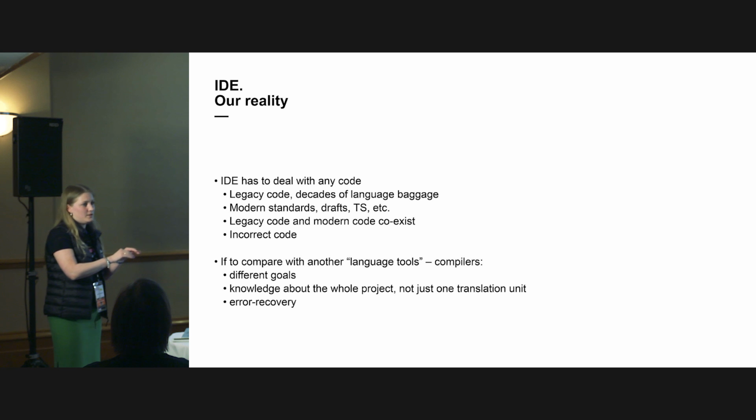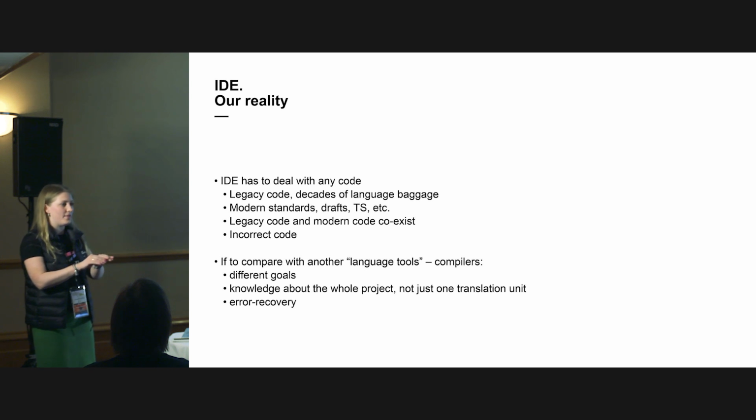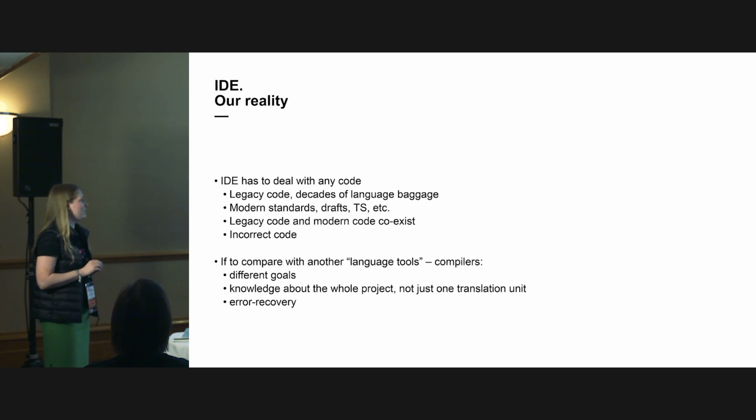But the IDE needs to provide you smart features, and that's the first point. It needs to highlight your code properly, provide completion, whatever you expect from an IDE. And as I said already, it has knowledge about the whole project, not one translation unit as a compiler does. And there is also this point about error recovery and handling errors.